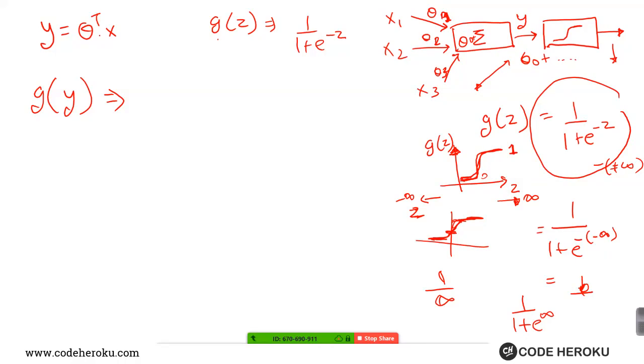So here's how this block works. Think of it as I drew before, this is how that block is working. I gave you the y is this. So what should be the output of this block?